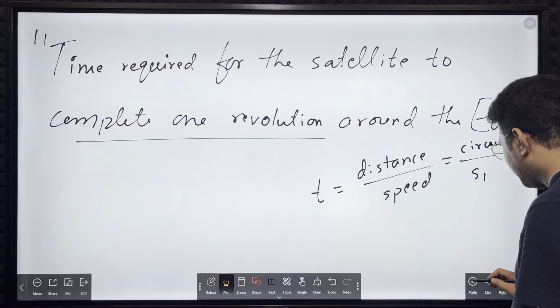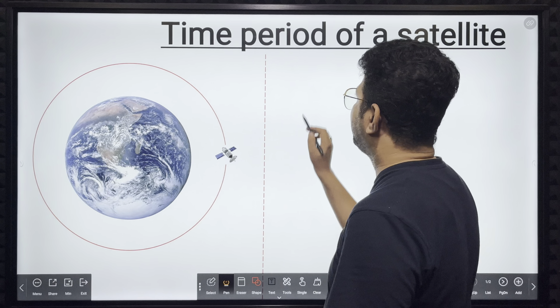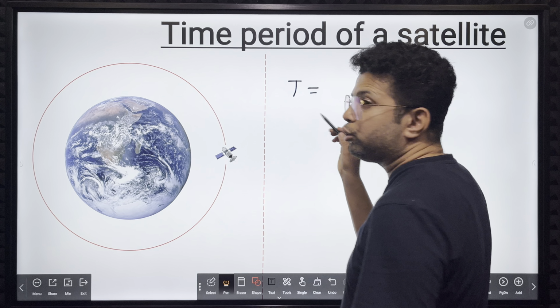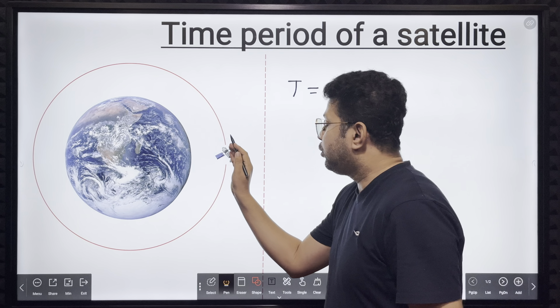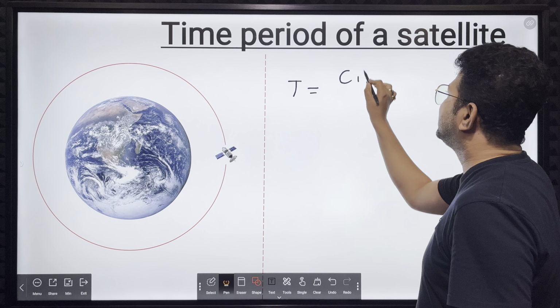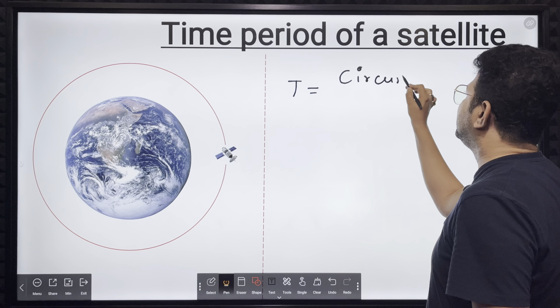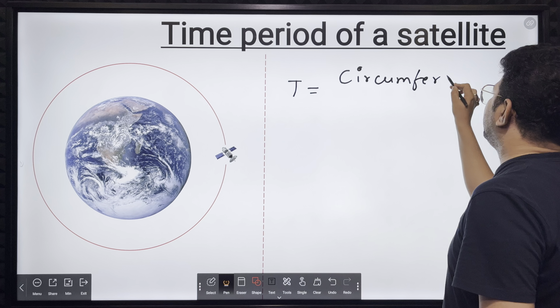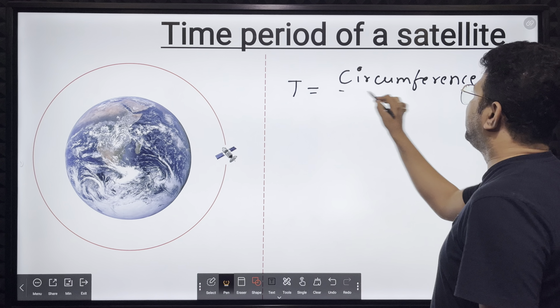So therefore the time period of a satellite: time equals distance by speed. In traveling one revolution, distance traveled will be equal to circumference, divided by speed.